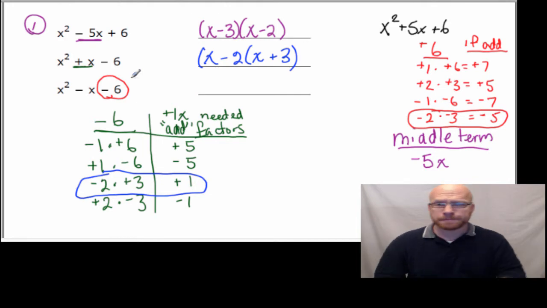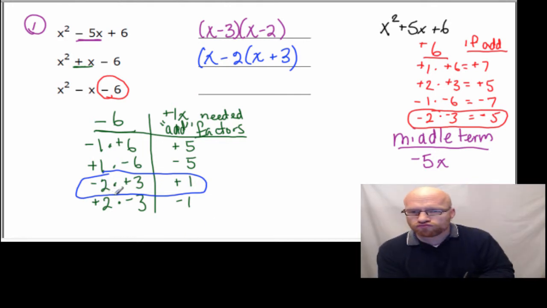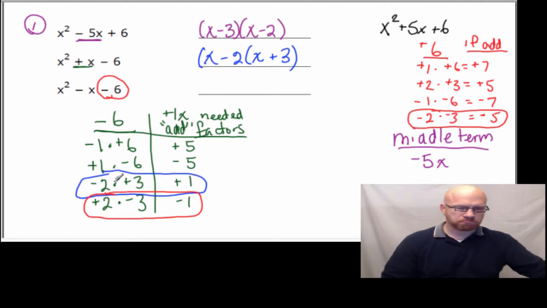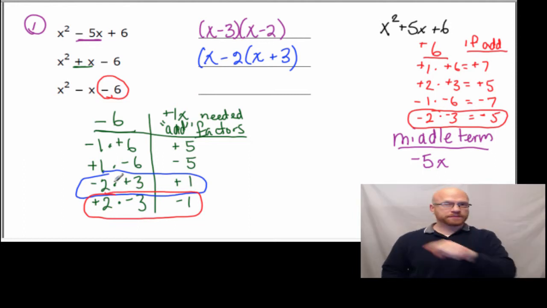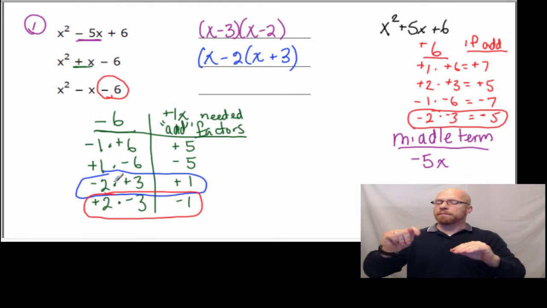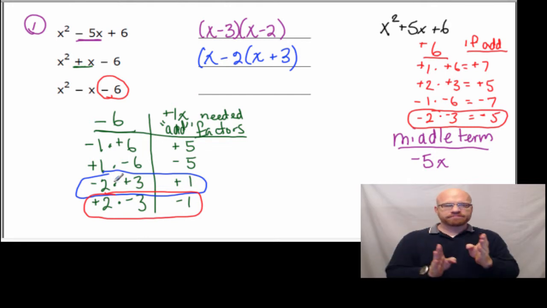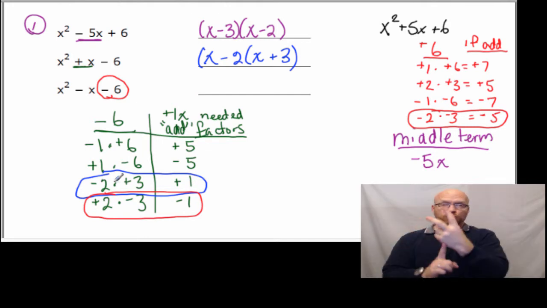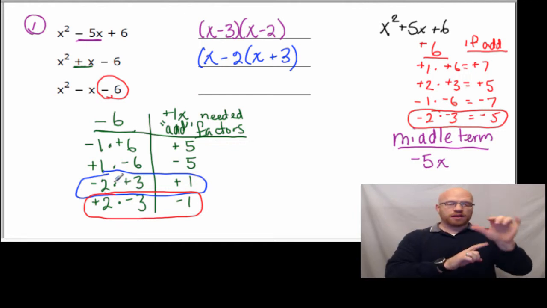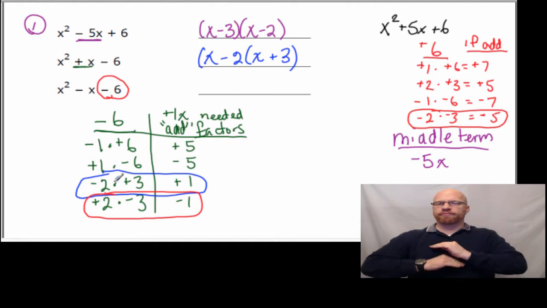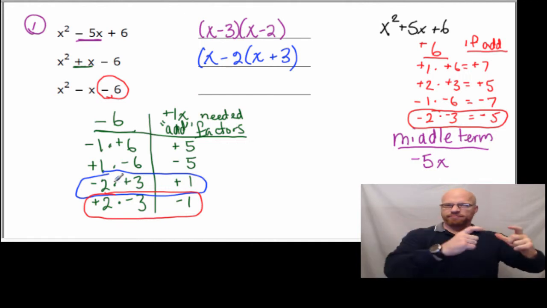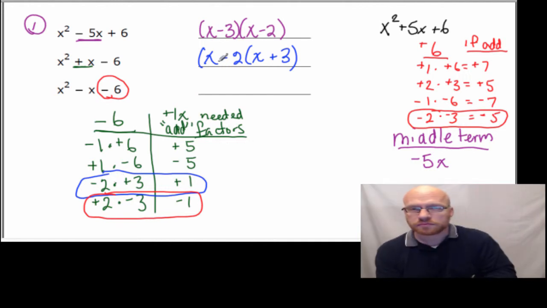And we have a pair right in front of us that'll work. That pair I circled in red will work. Positive 2 times negative 3 is negative 6. That's good. And then if we add positive 2 plus a negative 3 will be negative 1. And that works for our third trinomial here.